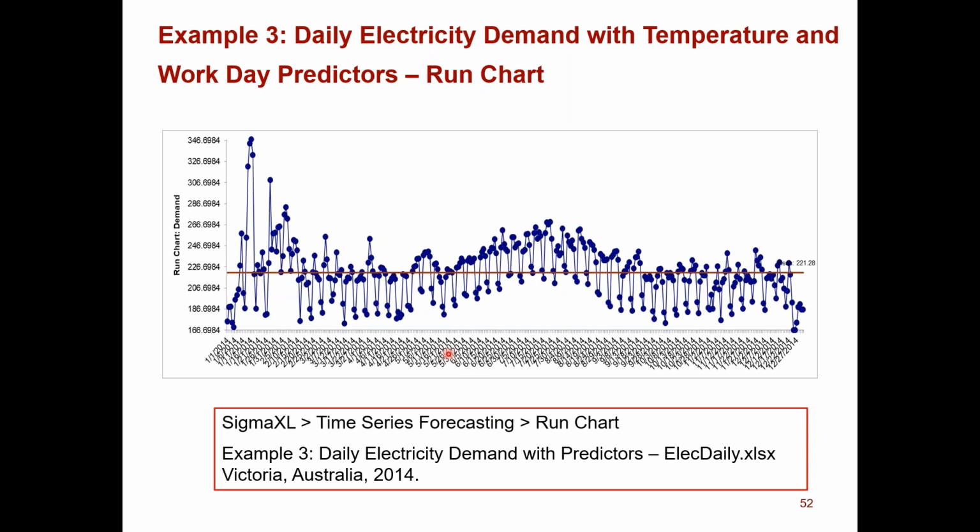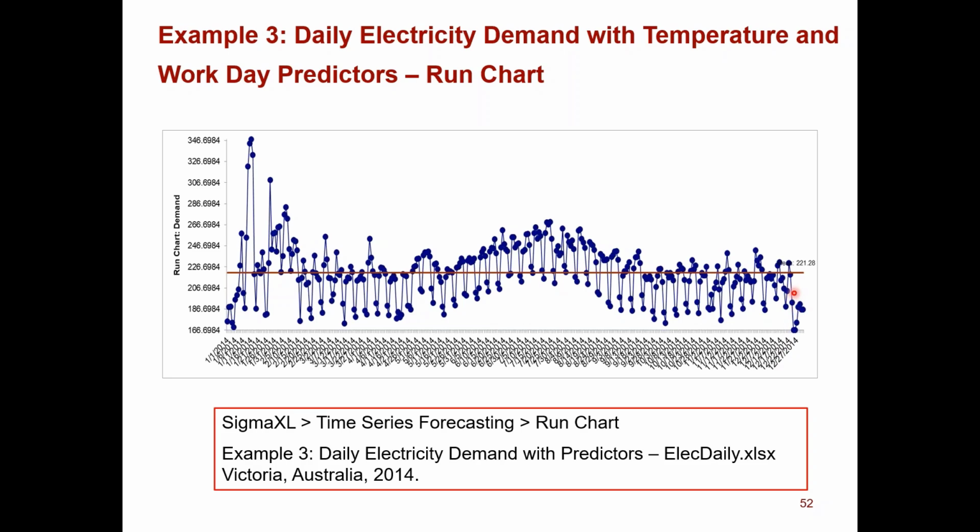And for this example, we're going to do daily electricity demand with temperature and workday predictors. This is the data we looked at in part 2, the daily electricity demand in Victoria, Australia for the year 2014. Remember, summer, winter is flipped. So this is actual summer weather, high demand, and this is also December.